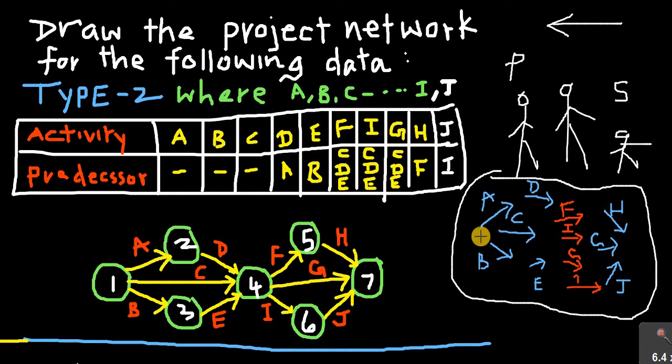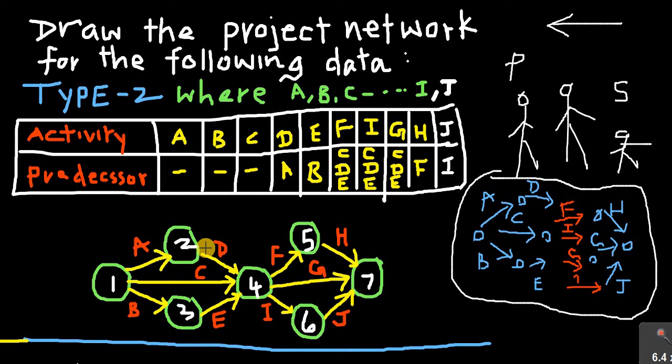If I join now, I can make a node here, then a node here, then a node here, then a node here, and then a node here. This is the final node or final event, we can say. And here also I can join like this, and finally what I will get is this particular picture.